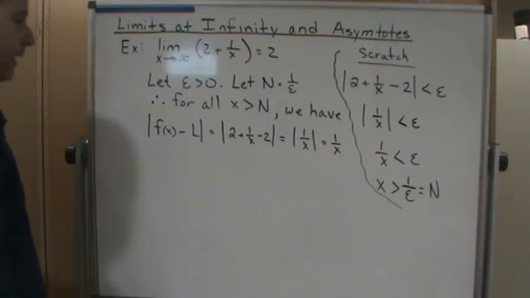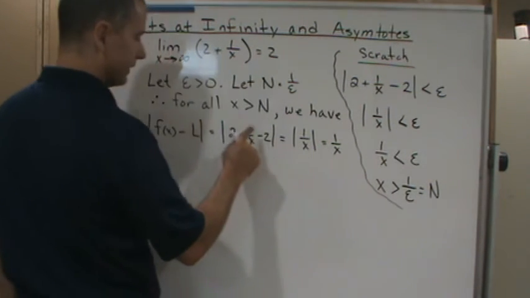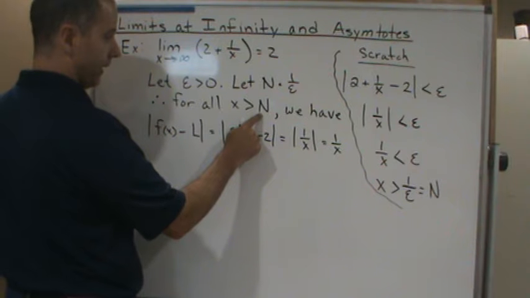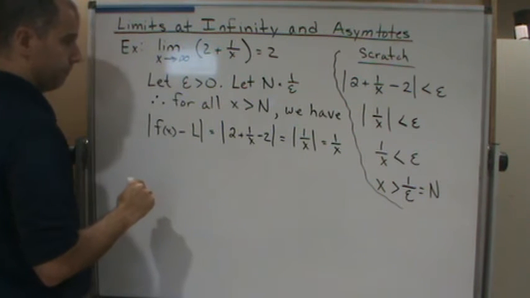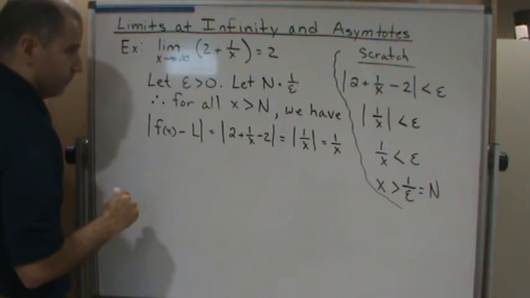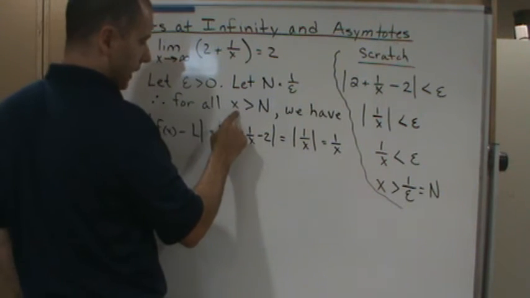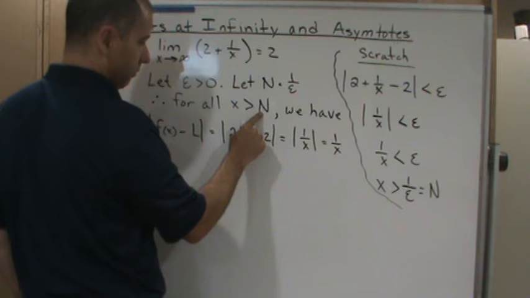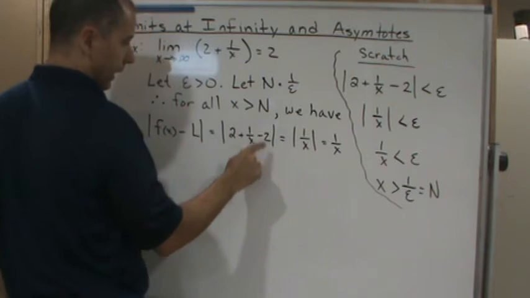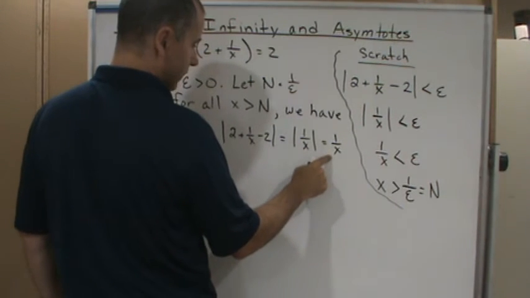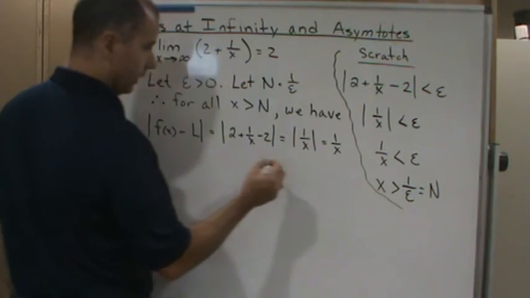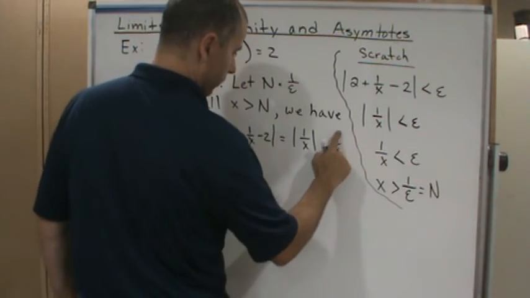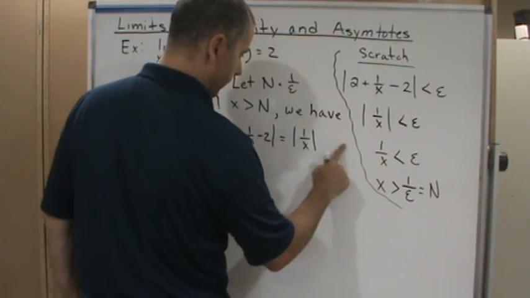Now, what do we know about this? Well, 1 over x, so again, for all x greater than n, well, n is equal to 1 over epsilon. And this is for all x greater than n. And now we're taking 1 over x. Well, 1 over x, let me do it this way. Let me put it down here.